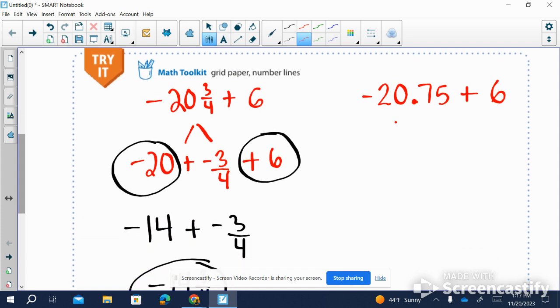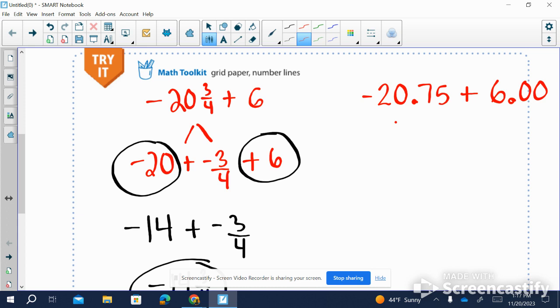So now I have an equivalent expression to the left and the right. But now I'm working with decimals. Now 6 is a whole number, so technically I can add a decimal after the 6, and I can also add 2 zeros, right? For placing it under the 7 and under the 5. Now we're going to use our addition rule.